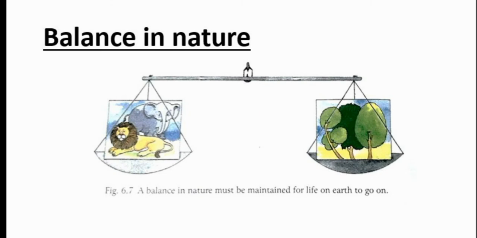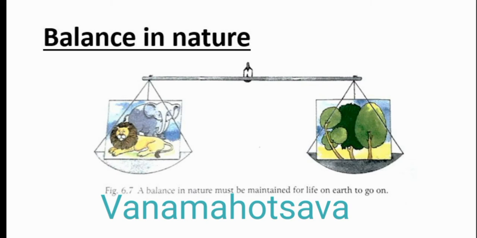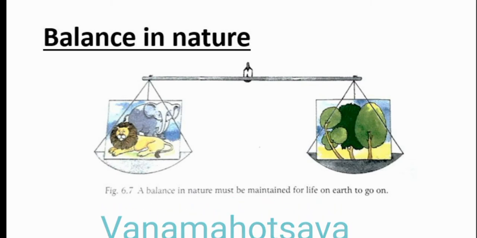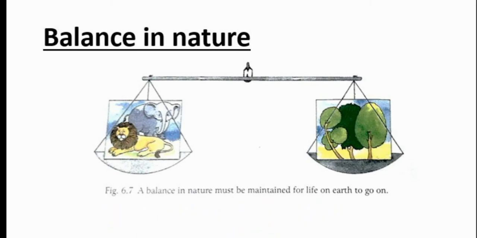So to maintain this balance in nature, we have to protect both plants and animals. Okay, and for this, programs like Van Mahotsav help to promote the planting of trees. People are made aware to grow more and more plants. So, if life on earth has to go on, this balance in nature must be maintained.